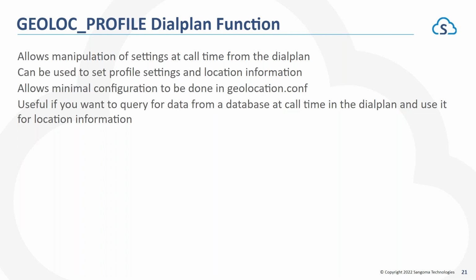A nice benefit of this is that you can actually query from the Dialplan, for example, using func_odbc, a database at call time to retrieve location information and use it there instead of having to configure the .conf file. So for those who like doing things dynamically, this is the way to do it.